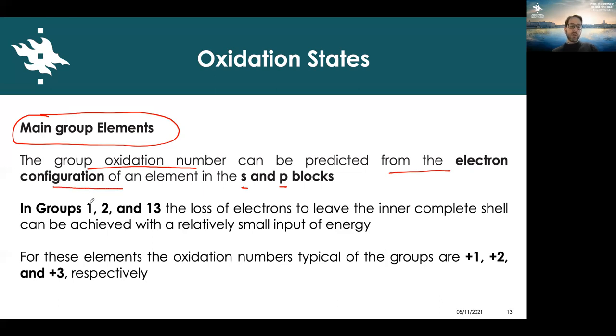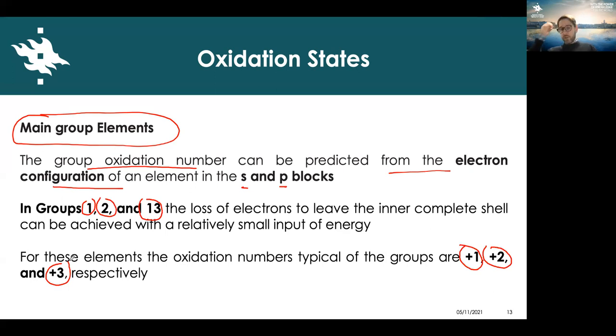For example, in groups 1, 2, and 13, so here we have main group, the stable oxidation states will be +1, +2, and +3 respectively.